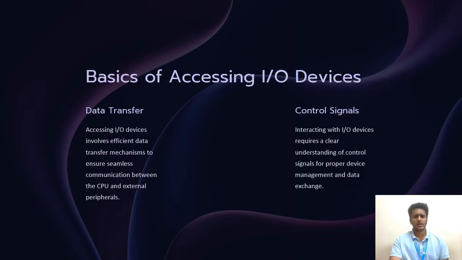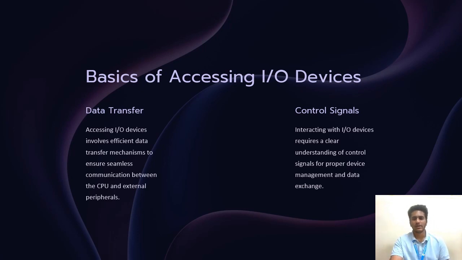Let's look into the basics of accessing input-output devices. There are two major important factors that affect input-output devices: data transfers and control signals. Accessing input-output devices involves an efficient data transfer mechanism to ensure seamless communication between the CPU and external peripherals.